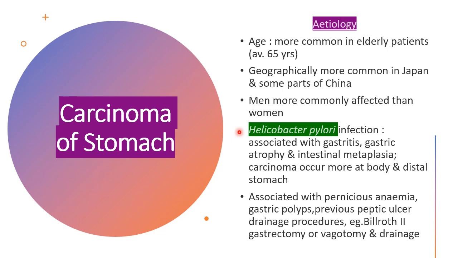And in these cases of Helicobacter pylori causes, the carcinoma occurs at the body and distal stomach. Other risk factors are pernicious anemia, gastric polyps, previous peptic ulcer drainage procedures, for example, Billroth-2 gastrectomy or vagotomy and drainage.